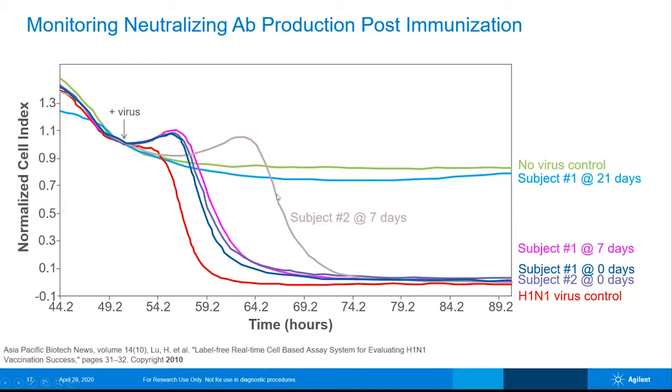Now the virus is still able to end up killing, but there is this shifting, and this is indicative of the early stages of the immune response. In their serum, they have at least some neutralizing antibody that's effectively reducing the concentration of virus that's being introduced to these target cells, and that's why there's this delay. And then, of course, if you go out to 21 days, they have a complete neutralization response.